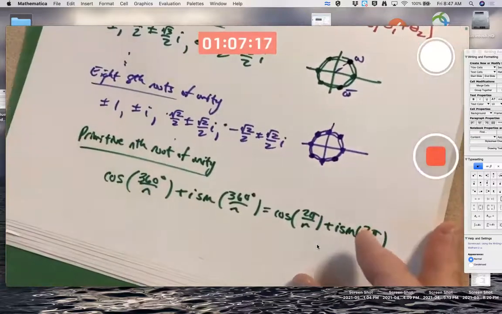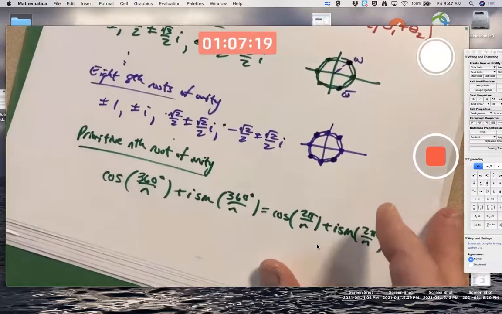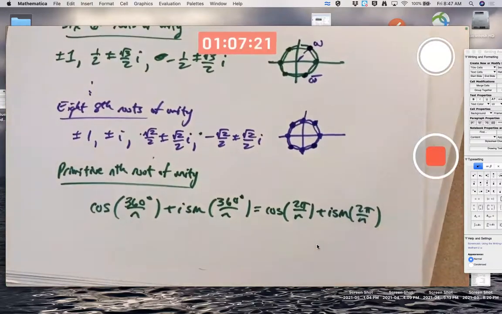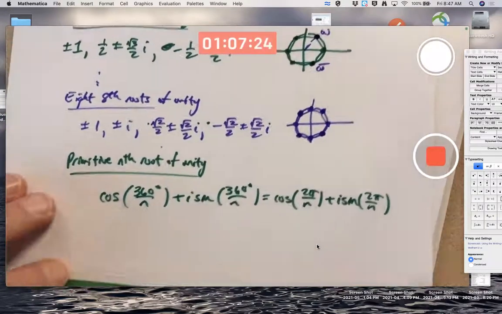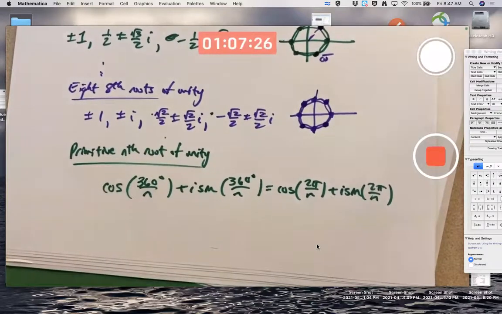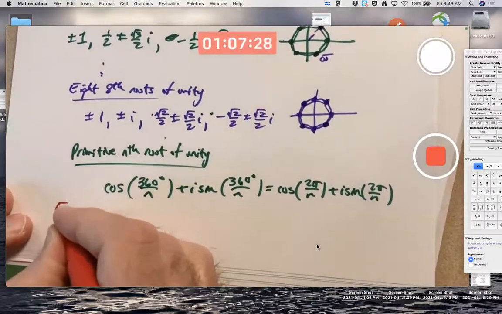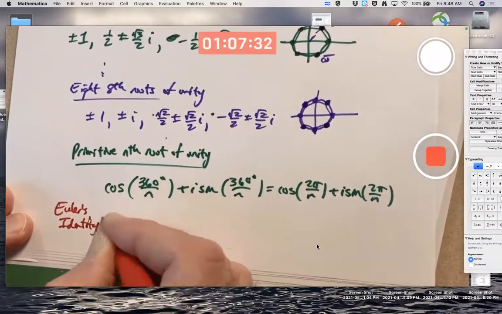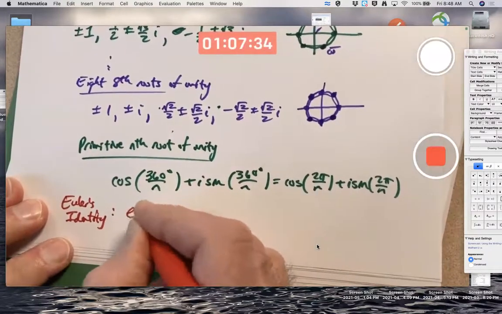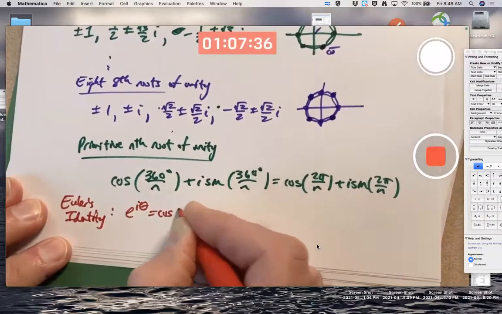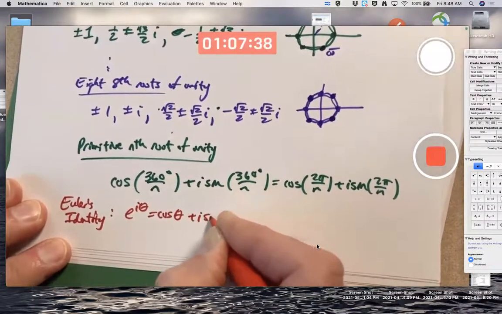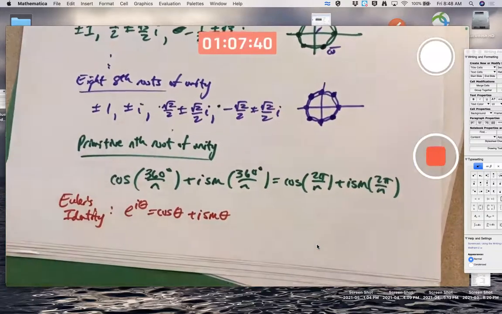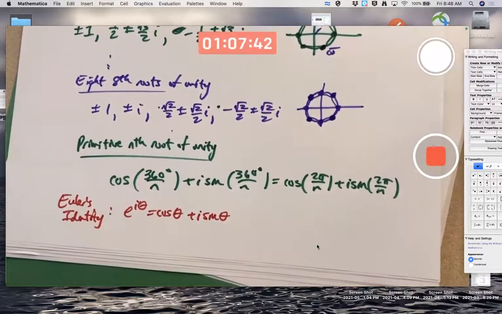And because of something called Euler's identity, which says that e to the i theta is cos theta plus i sine theta, we can write all these roots of unity in terms of the number e.